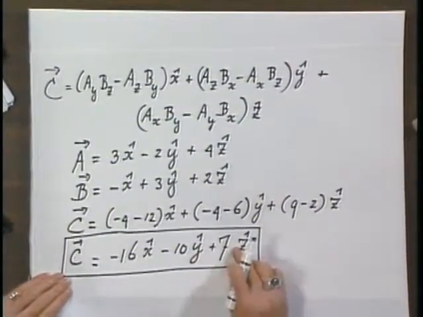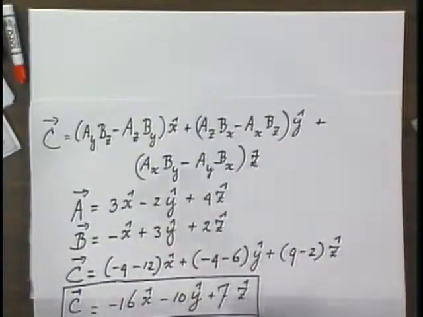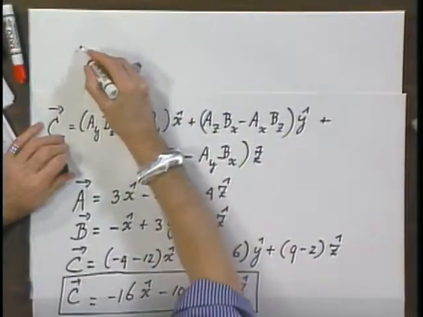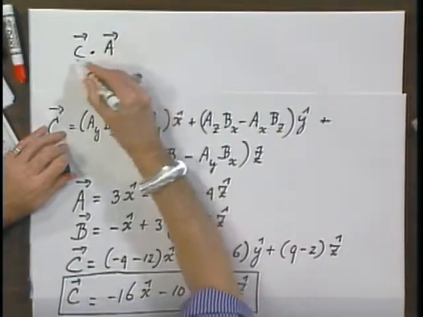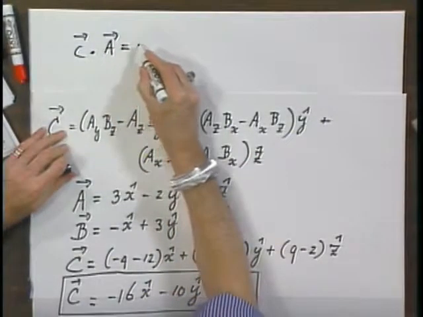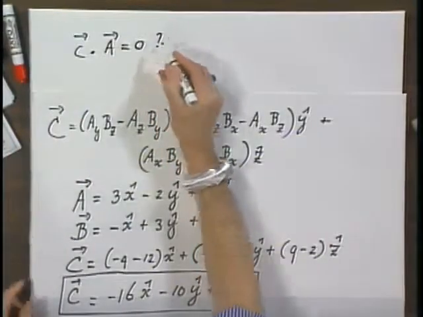How do we know whether C is perpendicular to A? Now our knowledge of dot products comes up. If we can demonstrate that the dot product between A and C is 0, their angle is 90 degrees. And that's relatively easy. Dot products are not so very hard. So let us see now whether indeed C dot A, or A dot C for that matter, is indeed 0. It's a requirement.